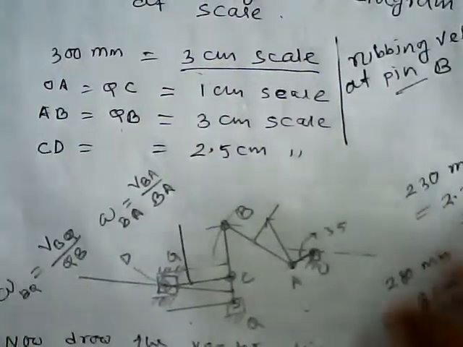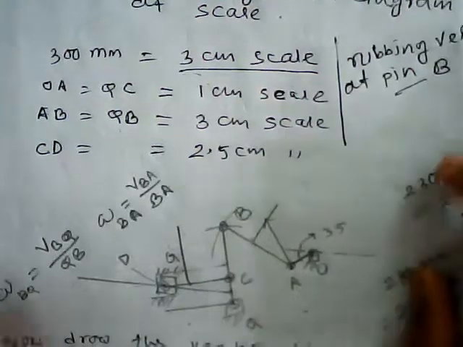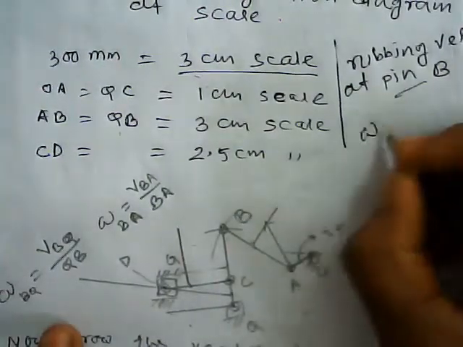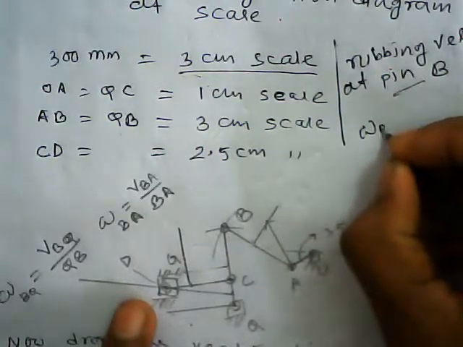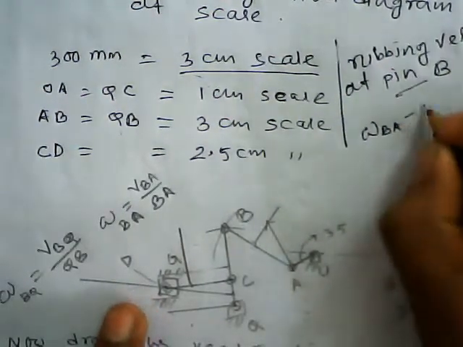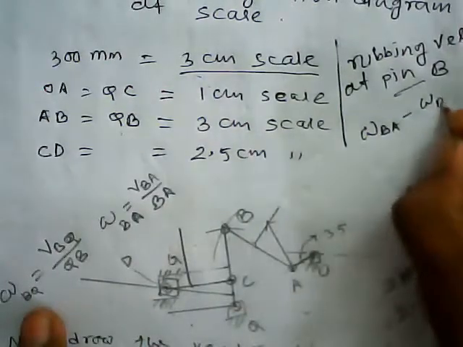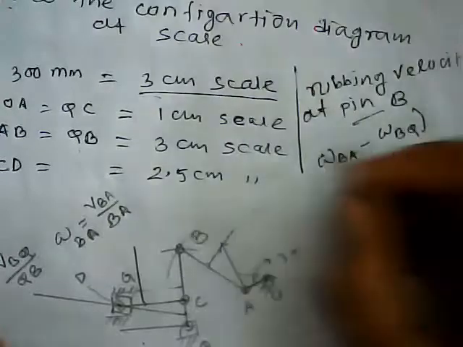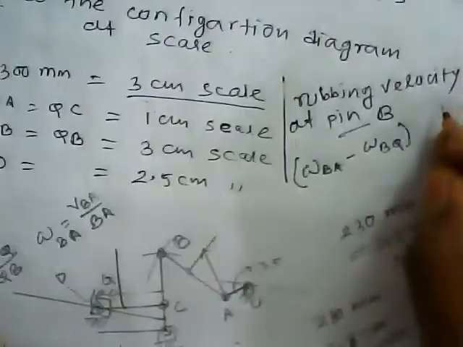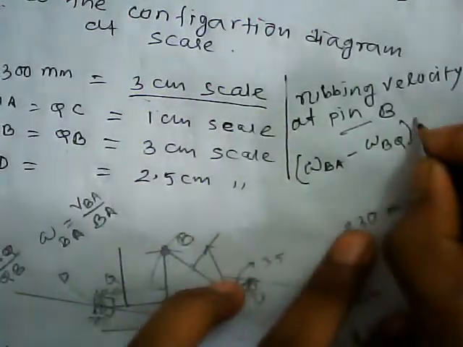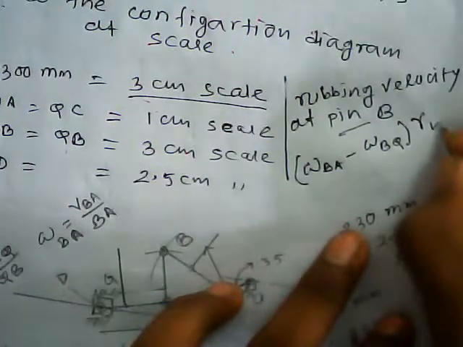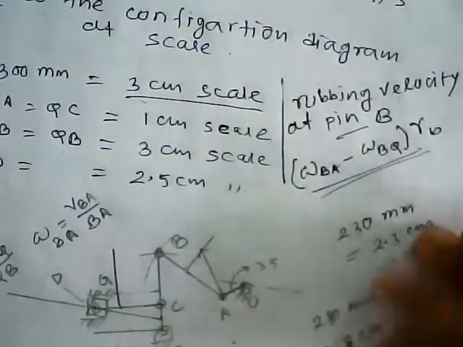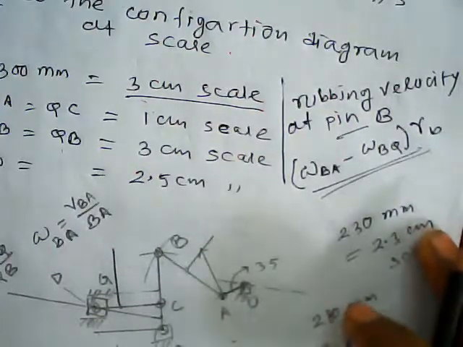So the rubbing velocity at the point B, formula is omega AB minus omega BQ, into RB, the radius is given. So that is the rubbing velocity at the point B.